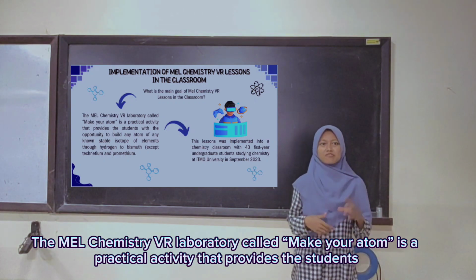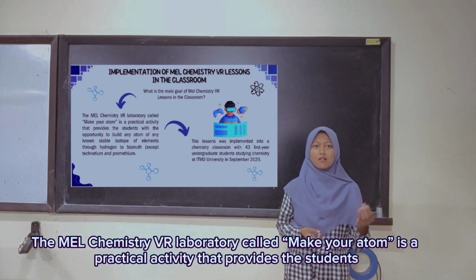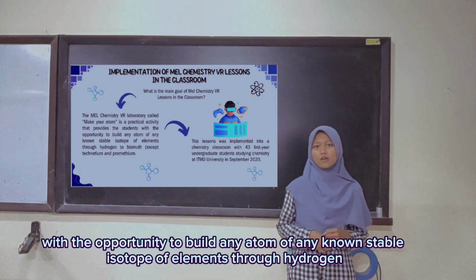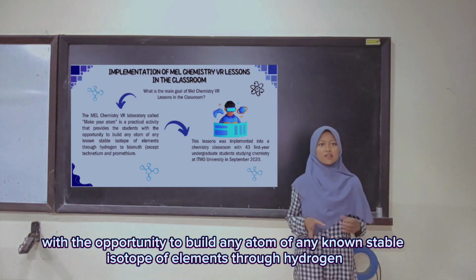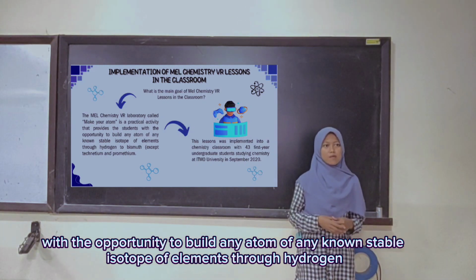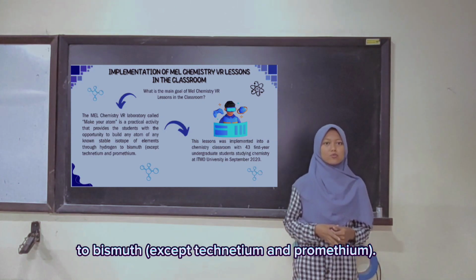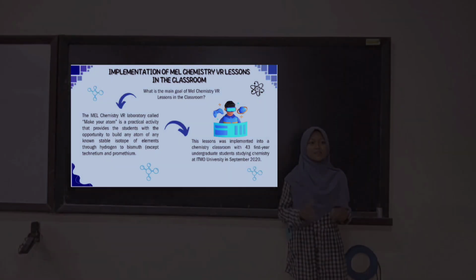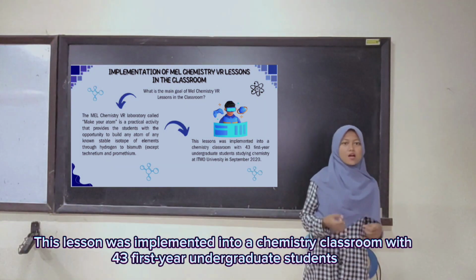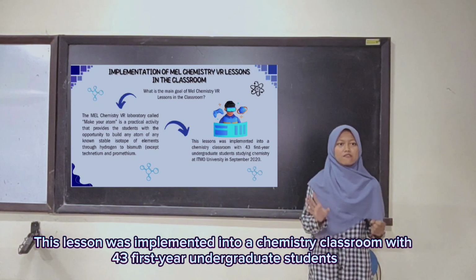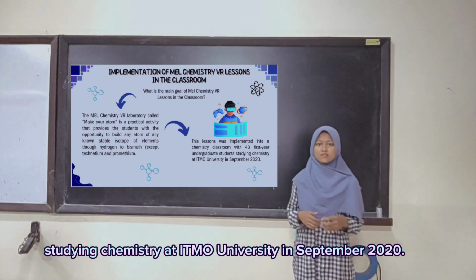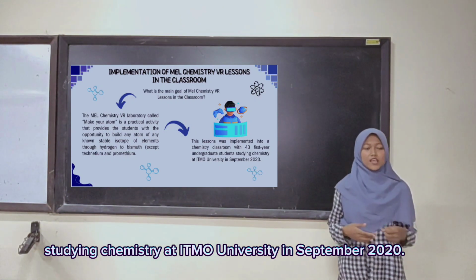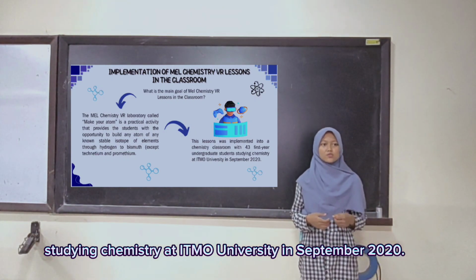The MEL chemistry VR laboratory called Make Your Atom is a practical activity that provides the student with the opportunity to build any atom of any known stable isotope of elements from hydrogen to bismuth, as well as technetium and promethium. This lesson was implemented into a chemistry classroom with 43 first-year undergraduate students studying chemistry at ITMO University in September 2020.